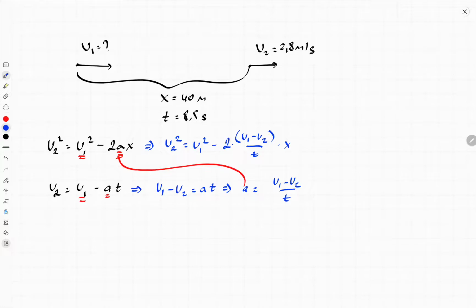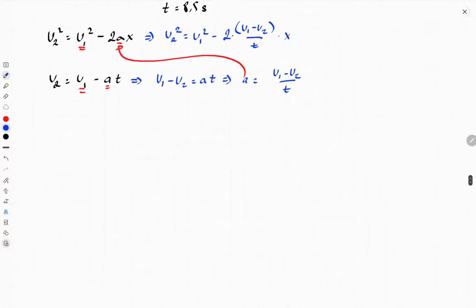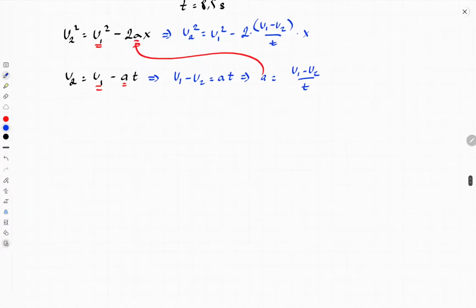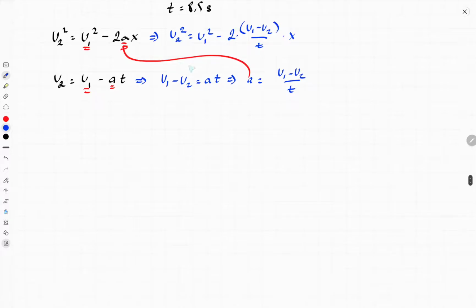v1 is unknown, so we need to solve this equation, this formula. So I will rewrite this equation again. v2 squared equals v1 squared minus 2v1x minus 2v2x over time. So basically here we have a quadratic equation in v1.